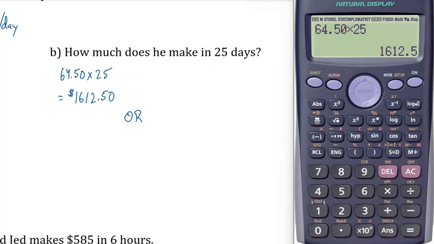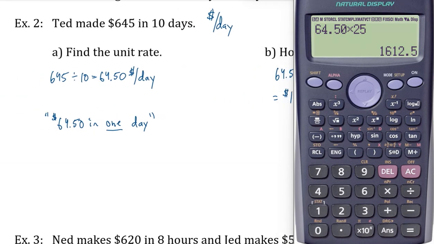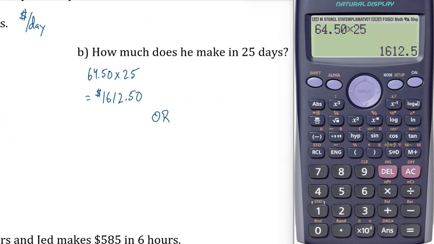So we can set up a proportion. So it's $64.50 for one, I'm going to go back to the original one. I'm not going to use the unit rate. I'm going to go back and use the original information. So $645 in 10 days is going to be how much in 25 days.